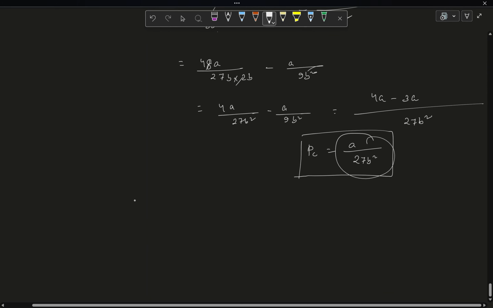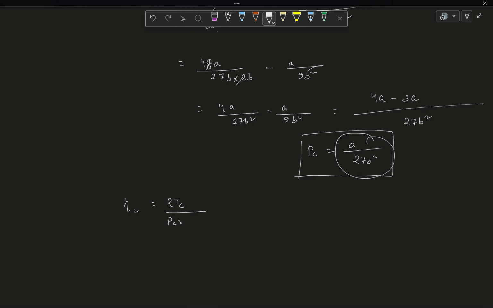So now you have all the three critical parameter values PC, VC and TC. So you can easily get the critical coefficient equal to RTC by PC VC, which is R into 8A by 27 RB into 1 by 3B is 1 by VC, then 1 by PC is simply 27B squared by A. So you have A and A cancelling out, 27 and 27 cancelling out, R and R cancelling out.